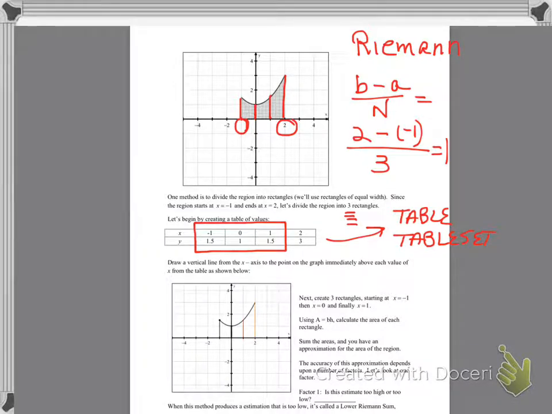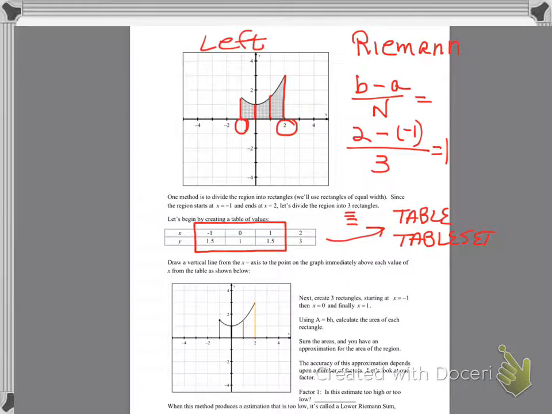So if you're going to do left Riemann sums, I can't write left there, so let me just erase this, and we're just going to say left. Left Riemann sums.